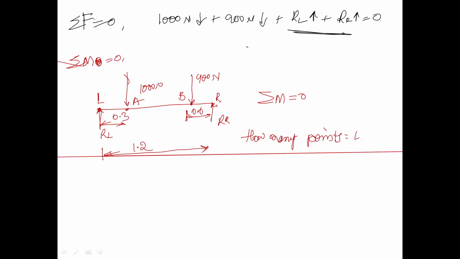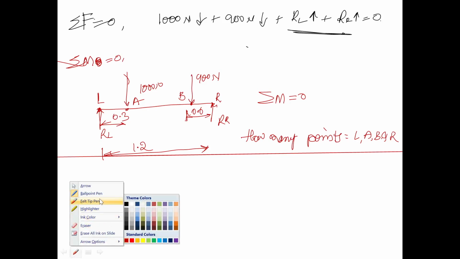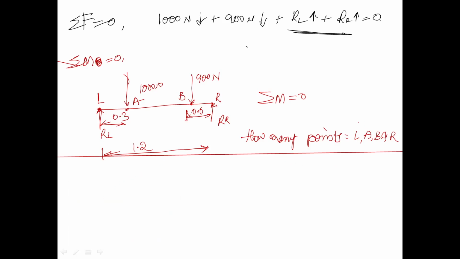I got 4 points: L, A, B, and R. If I take moment about L point, I'll go for taking moments about point L and equating it to 0.